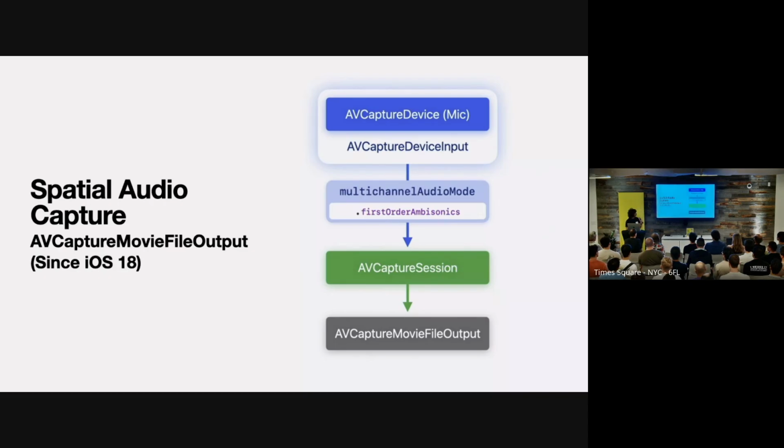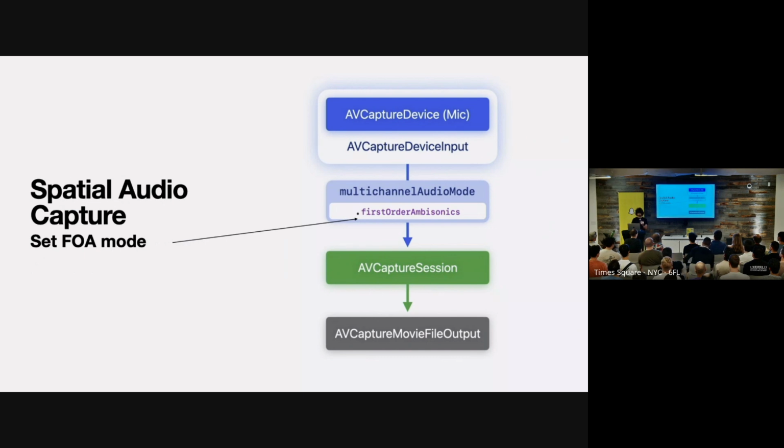So the general flow for recording spatial audio requires AV Asset Writer. The main thing you do is set the FOA mode, first order ambisonics.